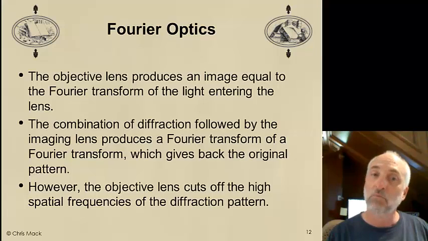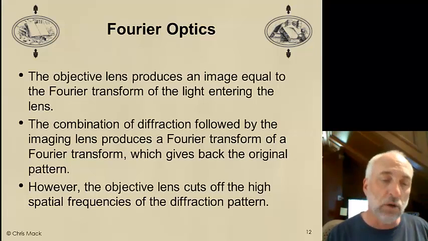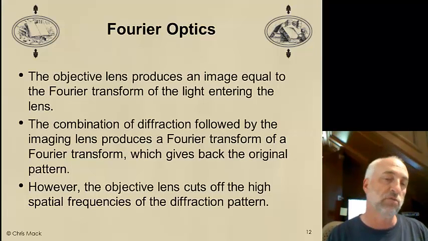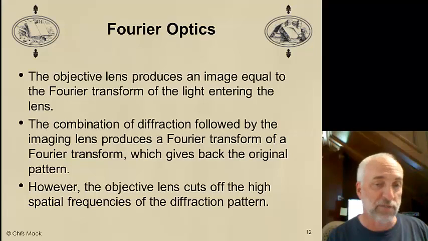In fact, below a cutoff spatial frequency of NA over lambda, only those spatial frequencies are used to form the image. We often say that the objective lens acts as a low-pass filter, filtering out the high spatial frequency information from the mask.